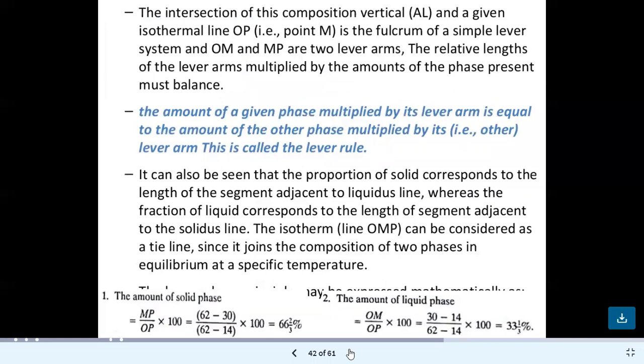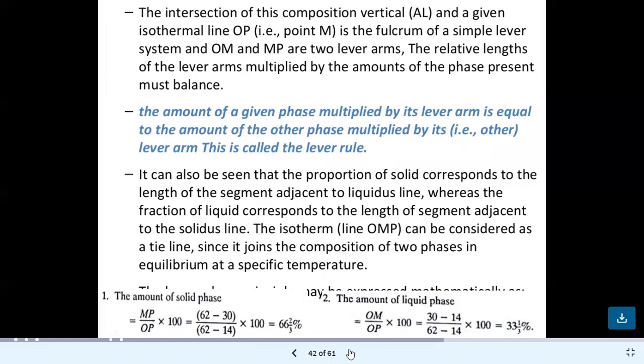The relative length of the lever arms multiplied by the amount of the phase present must balance. The amount of a given phase multiplied by its lever arm is equal to the amount of other phase multiplied by its lever arm. This is called the lever rule.